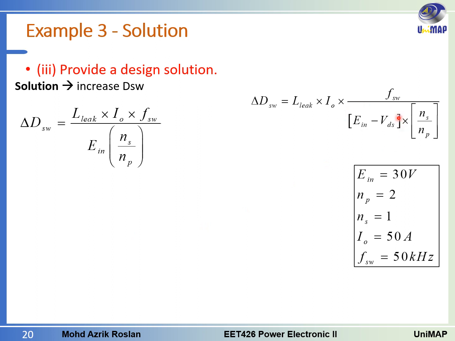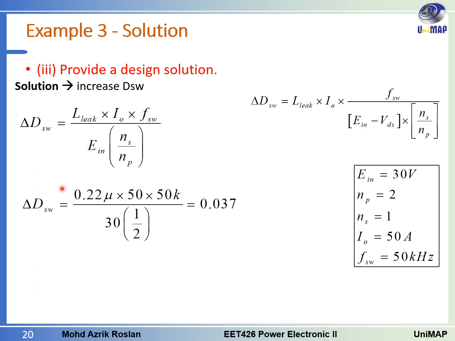This is the full equation, but the value is not given and we cannot determine it, so we can assume that this is 0. Now we can calculate the delta D switch. When we substitute all of these values into this equation, we will get the value of 0.037.